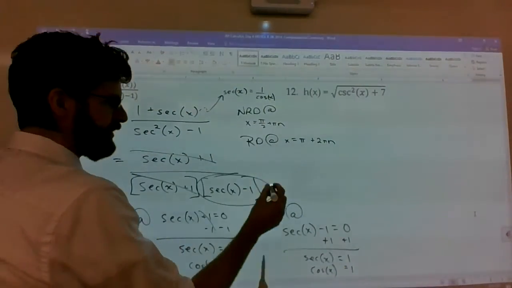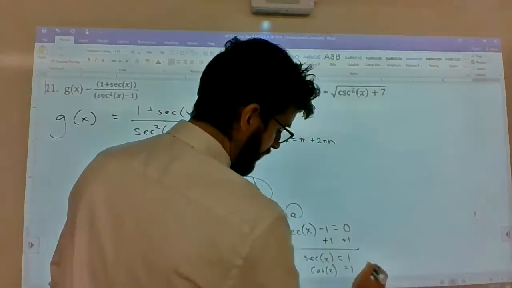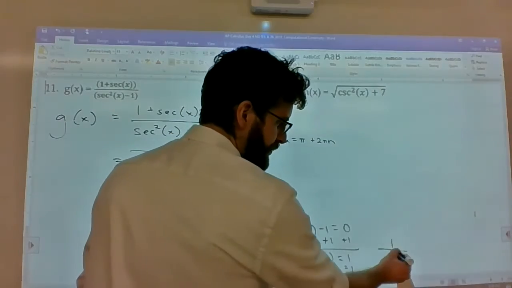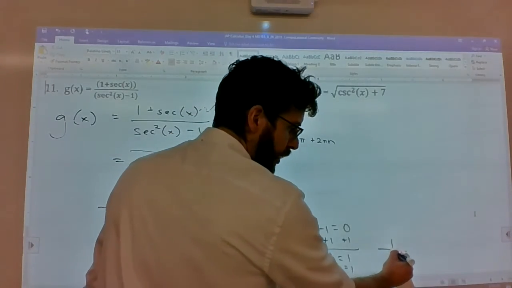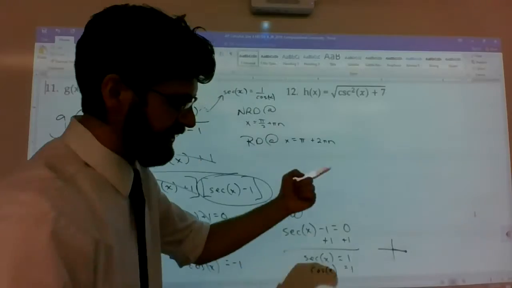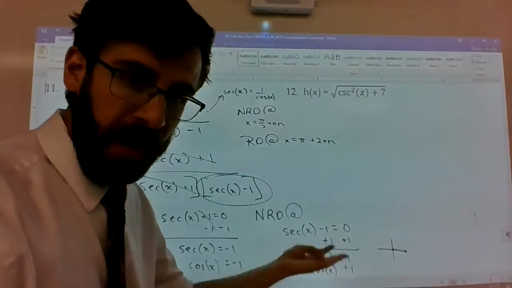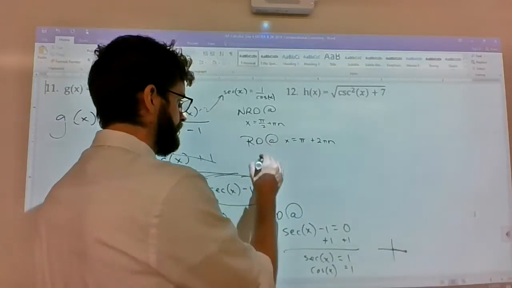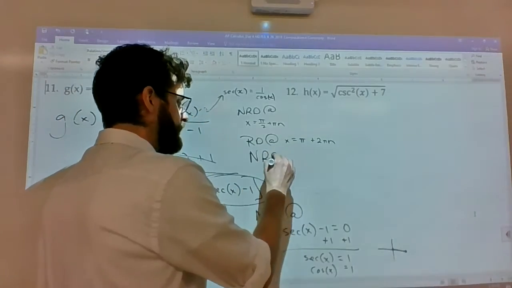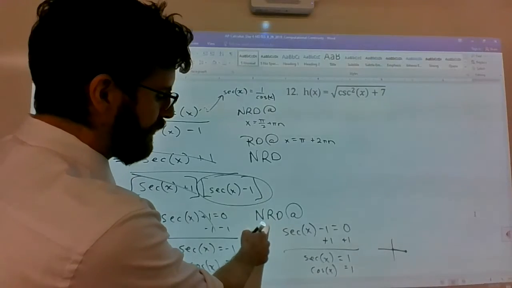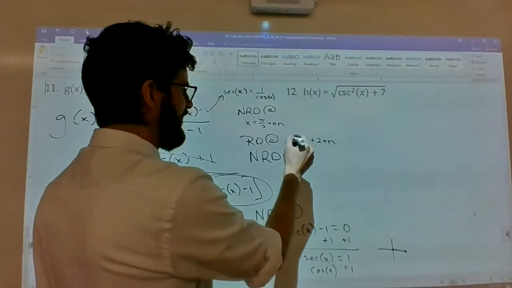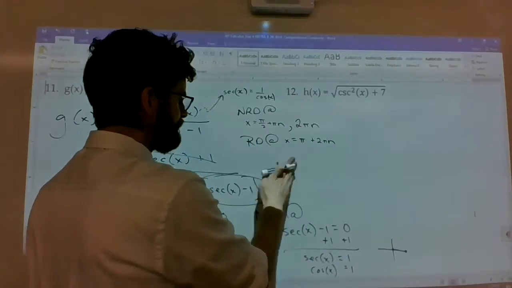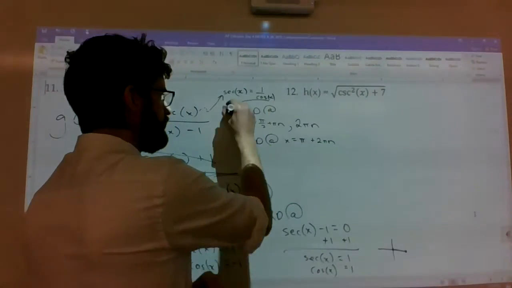And when you think about the unit circle again, sorry if I wasn't clear on this one why it was pi. The unit circle says hey, cosine equals 1, the x value equals 1 over here, which is 0, 2 pi, 4 pi, 6 pi. It's 2 pi n, 0 plus 2 pi n. So I have non-removable discontinuity at 2 pi n.